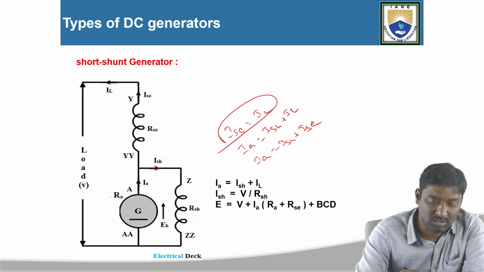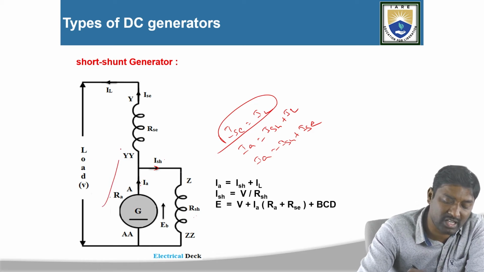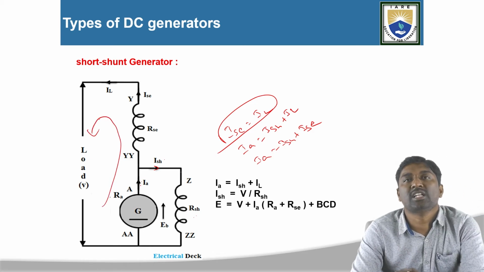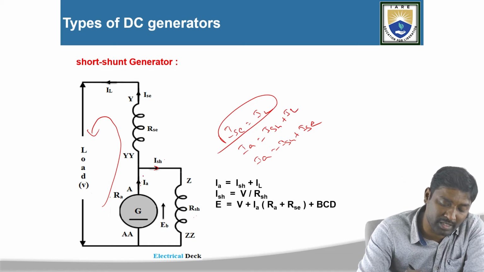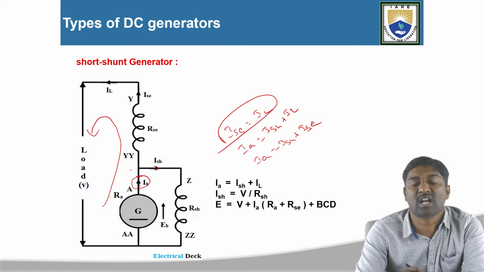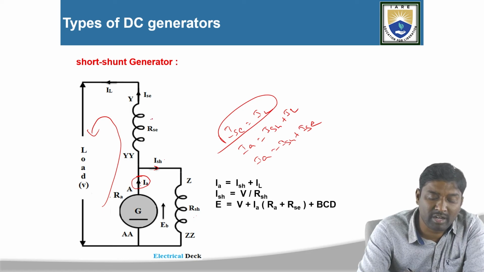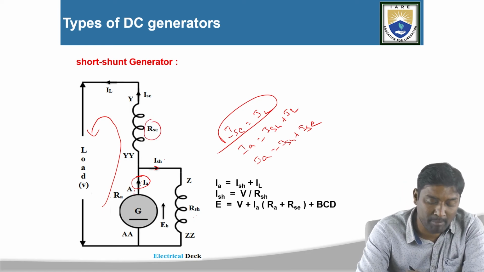Now the voltage equations: you can write them by applying KVL, Kirchhoff's voltage law. According to Kirchhoff's voltage law, the sum of the voltages in the loop will be equal to 0. So what are the drops I am getting now? The armature resistance drop, the series field winding resistance drop, and the brush contact drop.